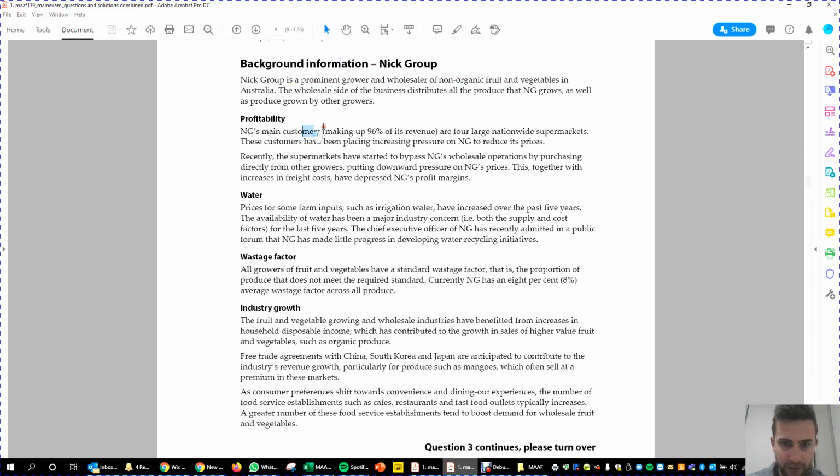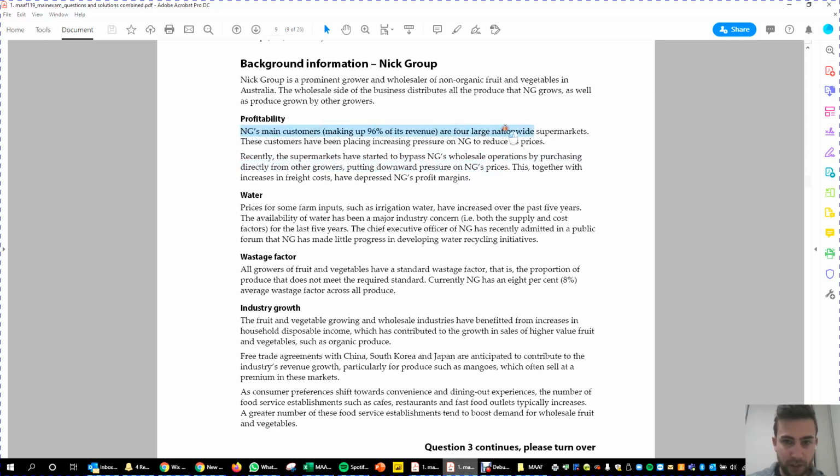Okay, so first of all, profitability. So it looks like recently the supermarkets have started to bypass NG's wholesale operation by purchasing directly from other growers. So this is a big risk because it potentially is a financial risk which may lose potential future sales. That's one main risk right there.